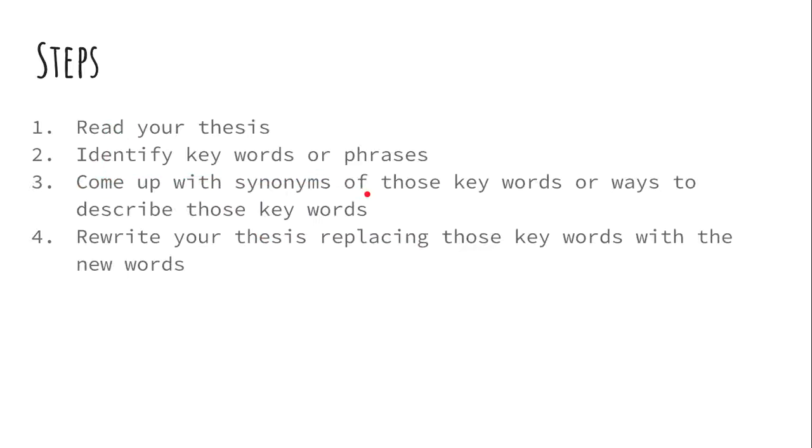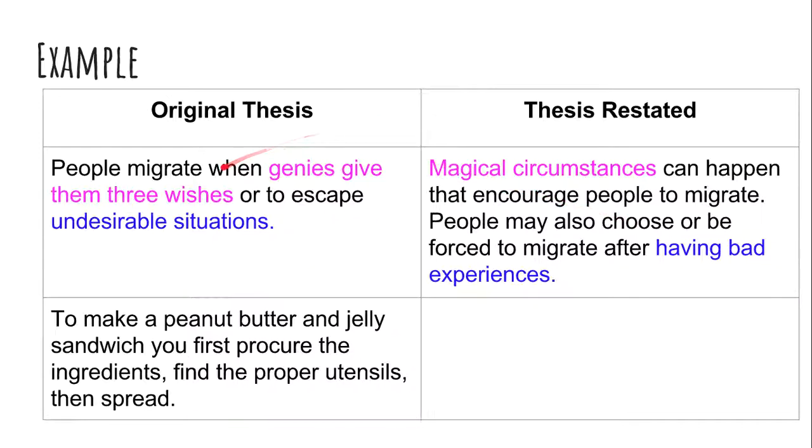Next, come up with synonyms of those keywords or ways to describe those keywords. And I've already done that. So I think about, well, what does it mean when genies give them 3 wishes? Genies, that's magic. So I decided to rephrase that, and I started my sentence with magical circumstances, because genies is an example of magical circumstances.